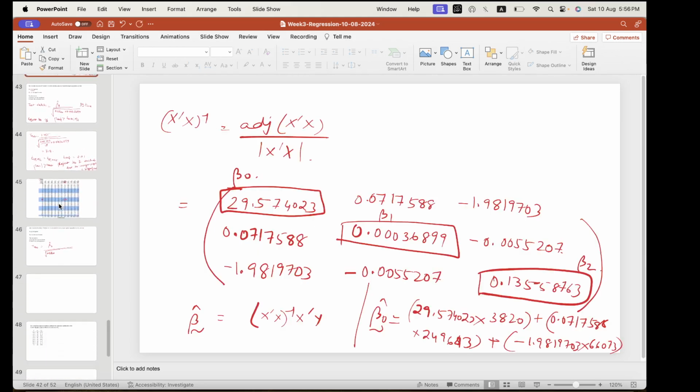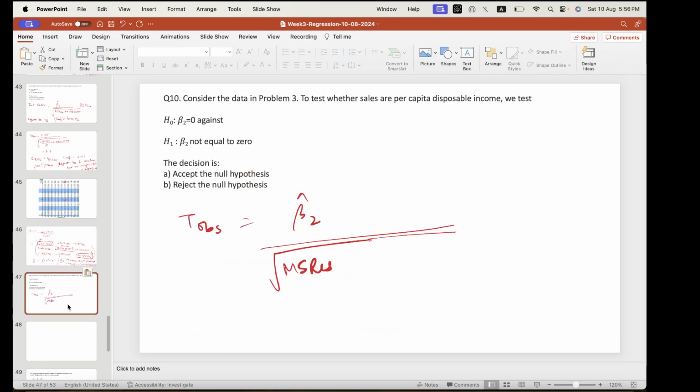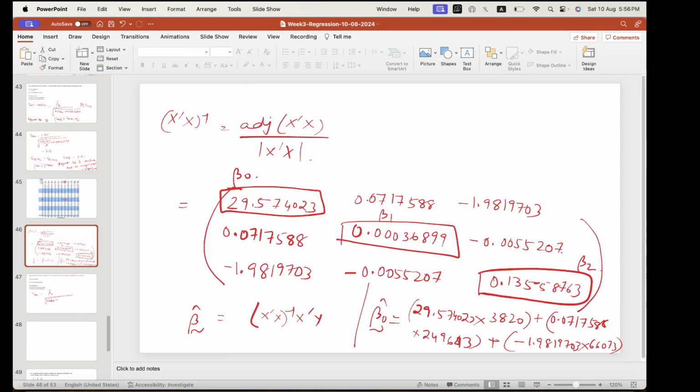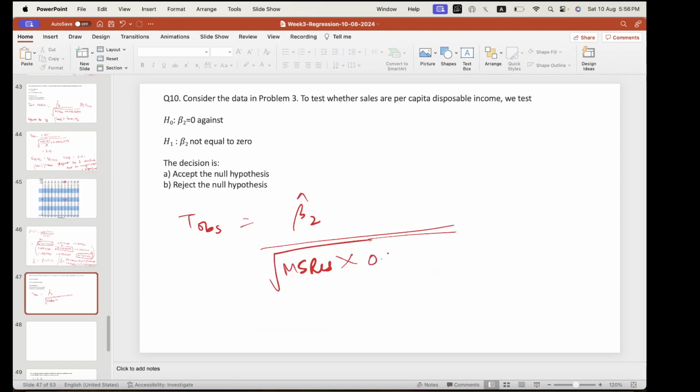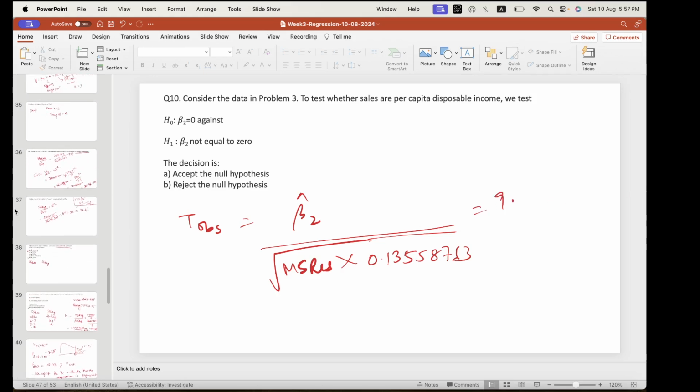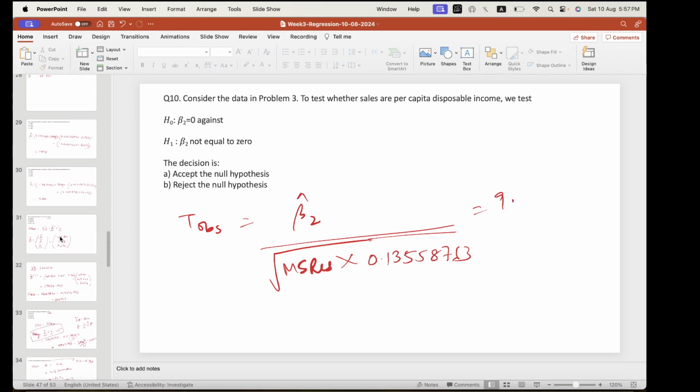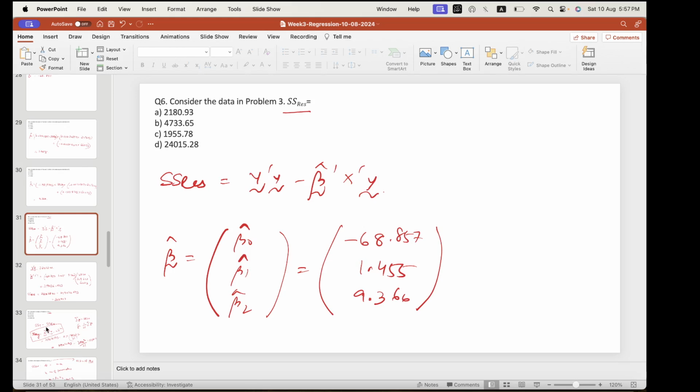So here it would be MS residual into 0.13558763. Beta 2 hat, whatever its value, was 9.366.